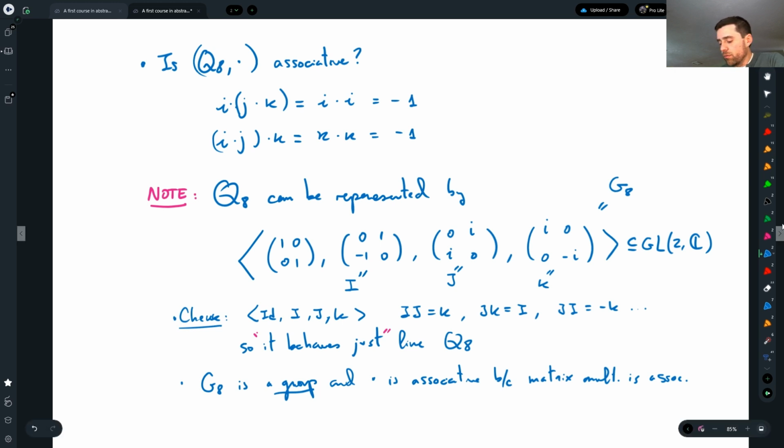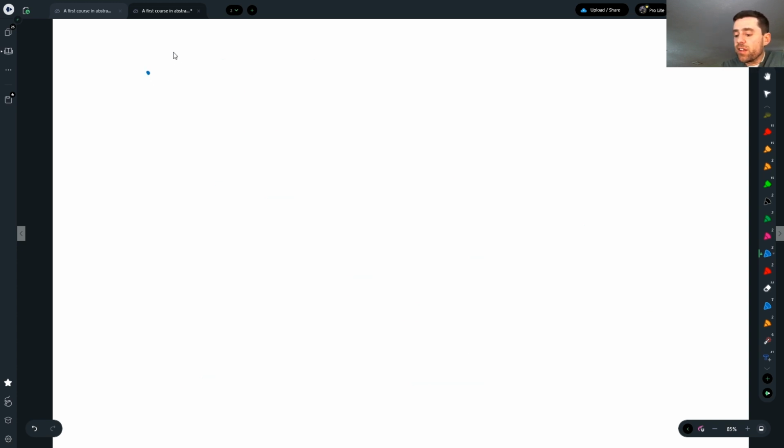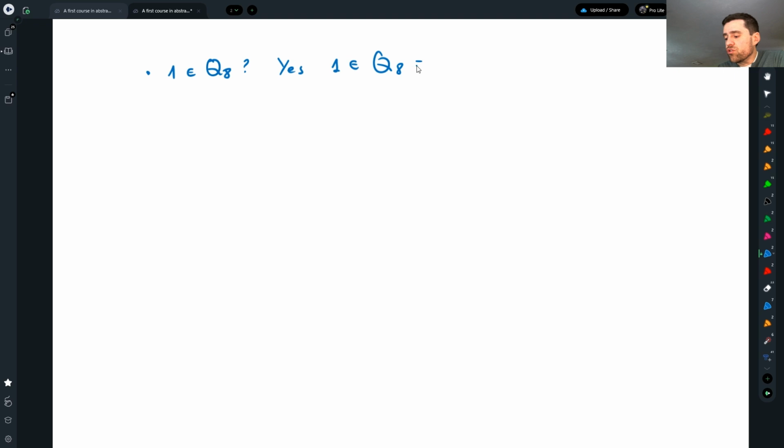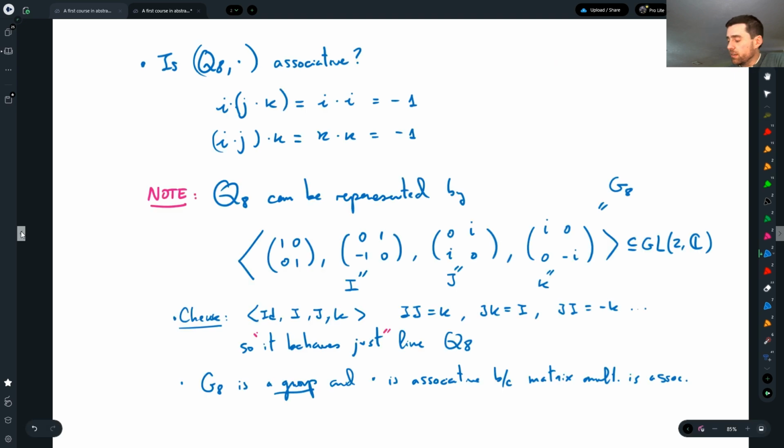Let's keep going, just checking the axioms. So it is associative. What about, is there a 1 in Q8? Is there a multiplicative identity? And yes, actually, 1 is one of the elements of Q8, which is generated by minus 1 and I and J and K. 1 is one of the elements that appears in our list of defining elements of Q8 from the original list.